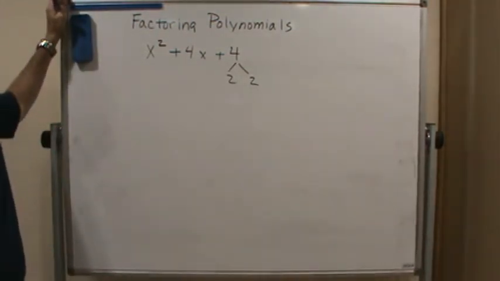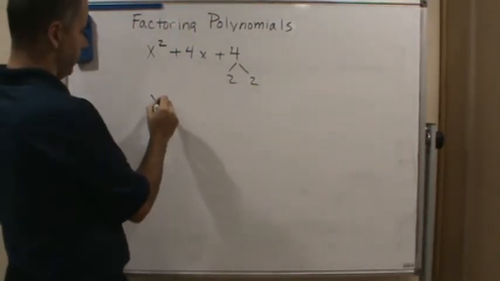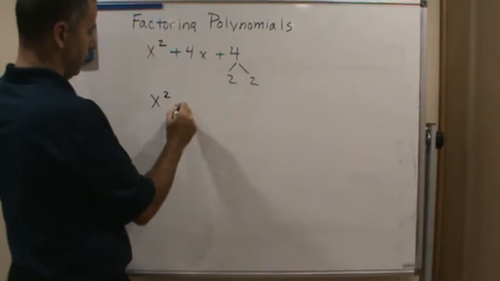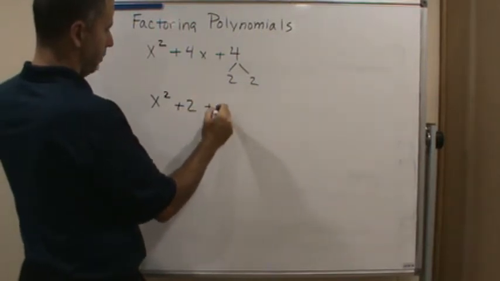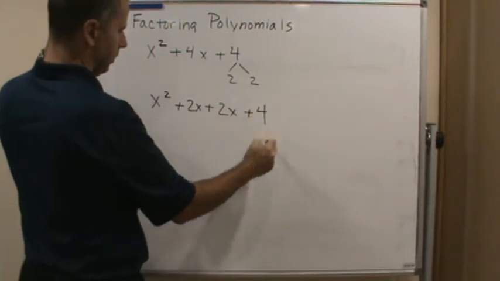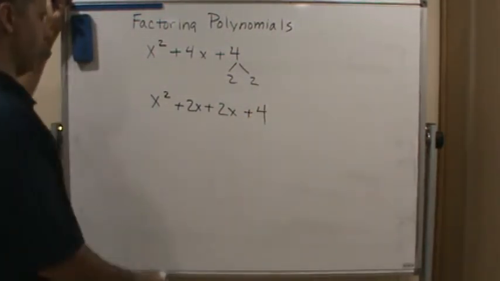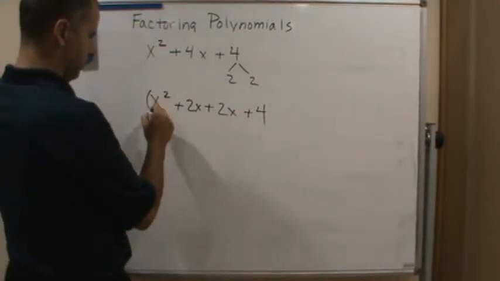So notice what happens here. I'm going to rewrite this by decomposition. So this is going to be x squared plus 2x plus 2x plus 4, right? And so now I'm going to do my grouping.